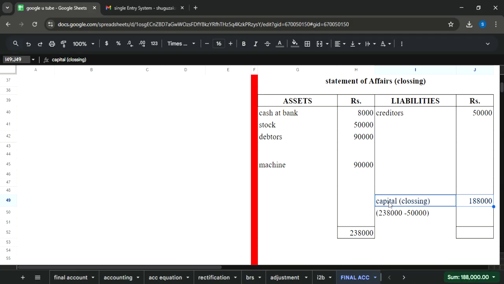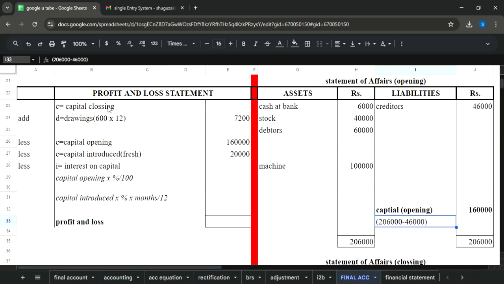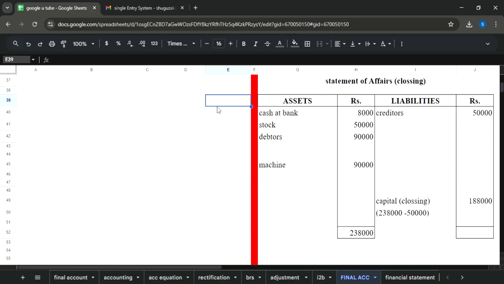Closing capital, when it is calculated, will go to the profit and loss statement, and here on the first line, capital closing, you will be writing the same answer. I think it was 188,000. Let's check it again. We have 188,000 present over here. So closing capital is also completed.